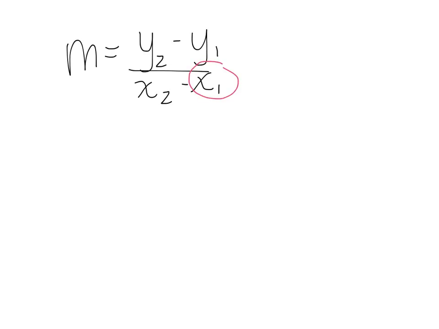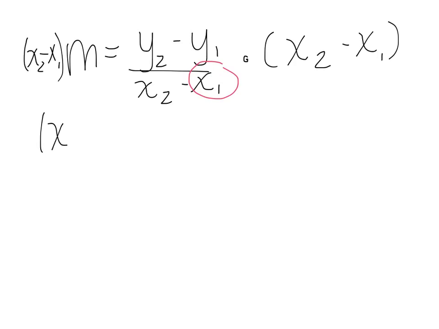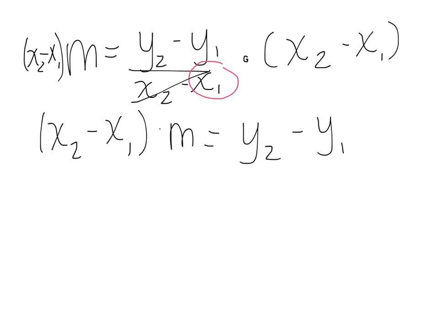So immediately, I know my first step is to clear the denominator. That's always going to be my first step anytime I have a denominator. So I multiply both sides of the equation by my denominator to give me the new equation x2 minus x1 times m equals y2 minus y1, because my denominators have been canceled out.